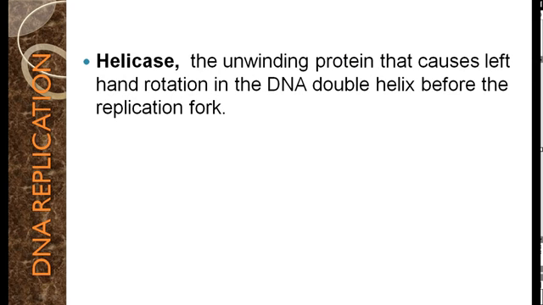Now, at first, the role of helicase starts. It is the unwinding protein, two molecules of which become bound to the origin site, and each molecule rotates the double helix in a left-handed direction so that the right-handed double helix becomes straight.